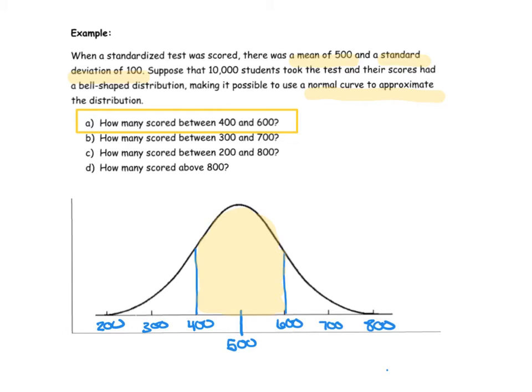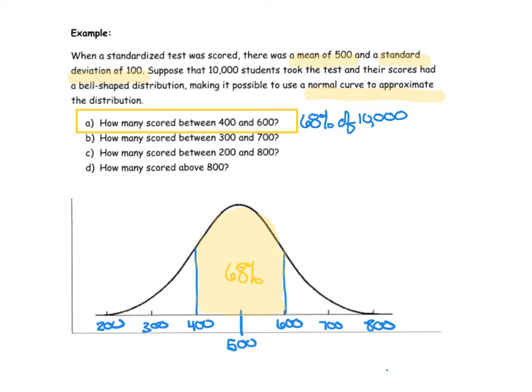Okay, so since I know that it is within 1 standard deviation below and 1 standard deviation above the mean, I can use the empirical rule that tells me that 68% of the data lies within 1 standard deviation of the mean. So we can say that 68% of the students, and there are 10,000 students.